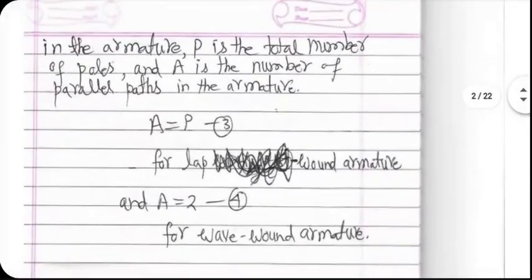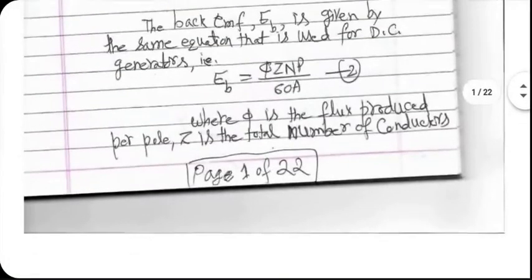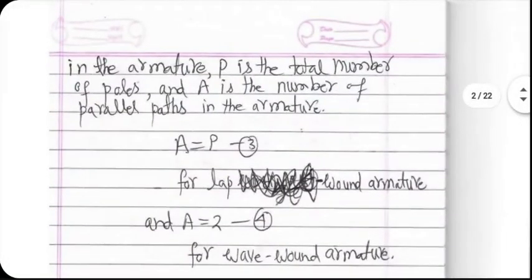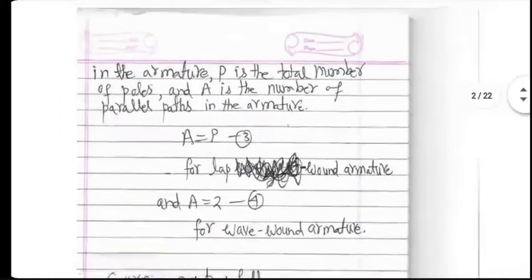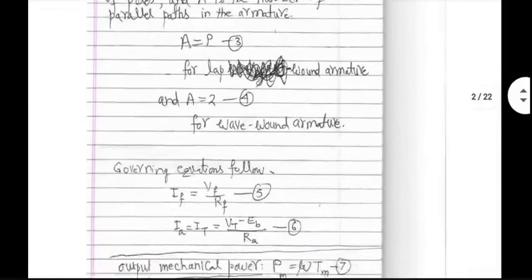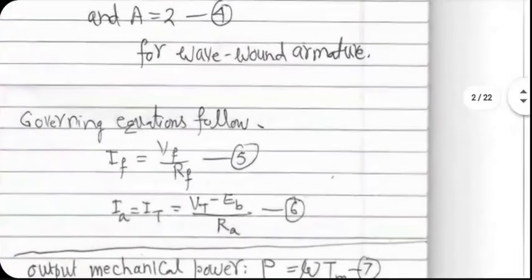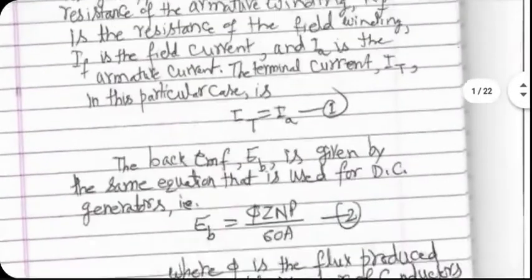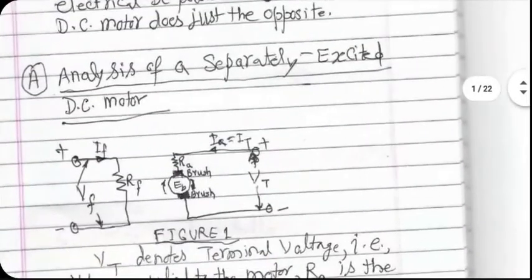If you are given a motor with lap winding, then capital A is equal to capital P. If you are given a motor with wave winding, capital A equals 2. That doesn't change. Now, for the separately excited case, the formulas are straightforward. IF is VF upon RF, IA equals IT equals VT minus EB divided by RA.